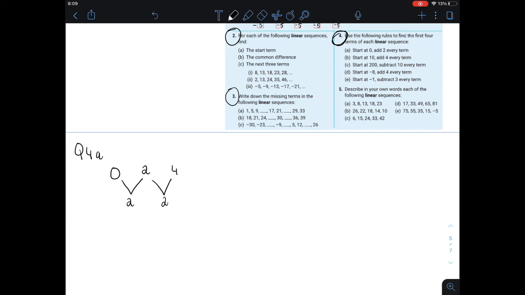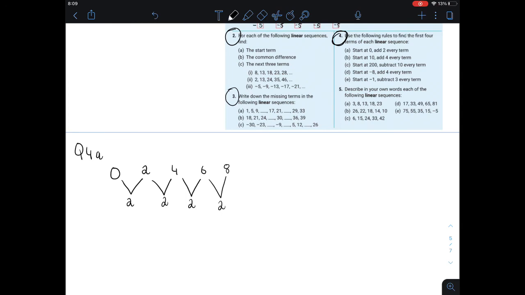To find the next term, we add on 2 to 4. 4 plus 2 gives us 6. To find the next term, we add 2 to 6. 6 plus 2 gives us 8.